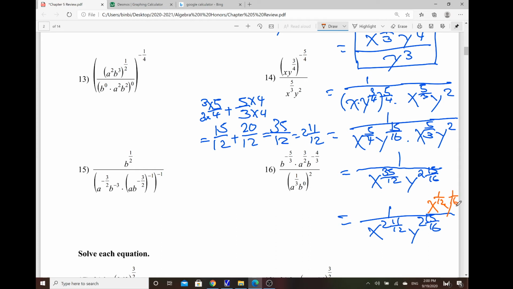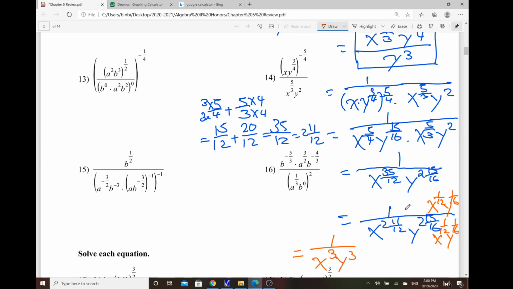What we want is to get those mixed numbers to the closest integer. The closest integer for this one is 3. The other one is also 3. So in order to go from 2 and 11 over 12 to 3, we need to multiply by x to the power of 1 over 12, top and bottom. So eventually we have 1 over x to the power of 3 and y to the power of 3 down the bottom.